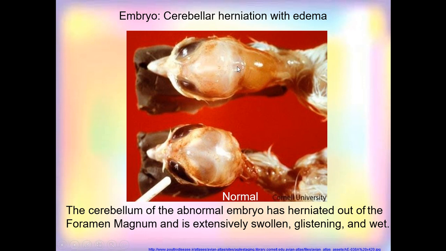However, there will be a swollen area close to the neck, just behind the head. This is due to herniation of the foramen magnum, maybe due to inflammation in the cerebellum and also inflammation in the spinal cord in this area.